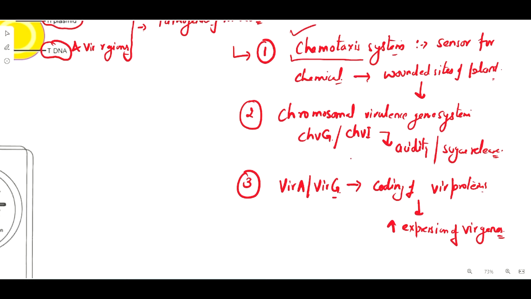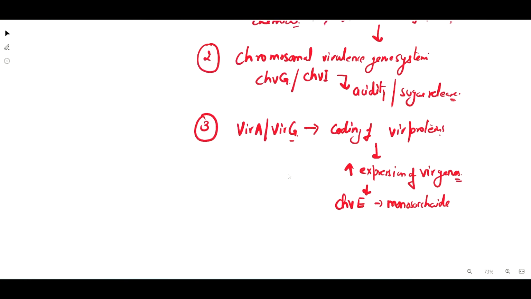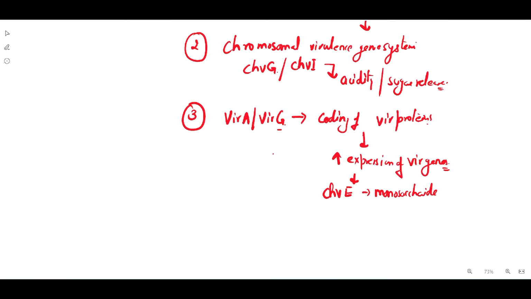It occurs when another chromosomal virulence gene system, ChvE, attaches to the monosaccharide which is released from the wounded site.